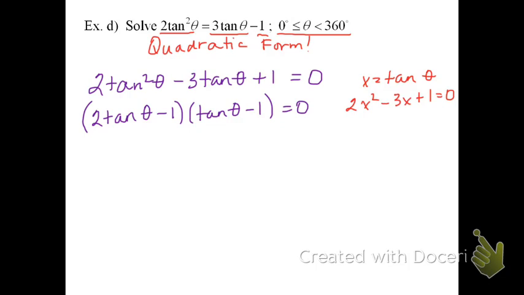Now, because our equation is set equal to 0, and only because our equation is set equal to 0, we can use the zero product property to solve this, which means we can take each factor here and set each factor equal to 0.